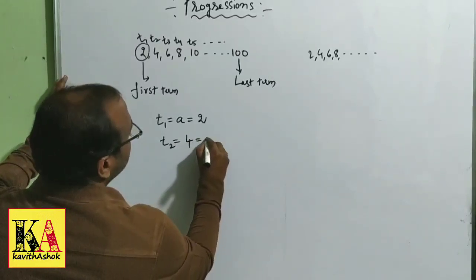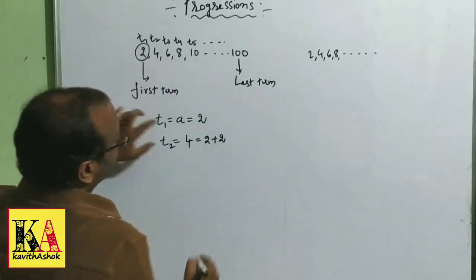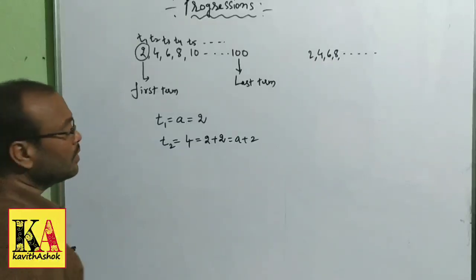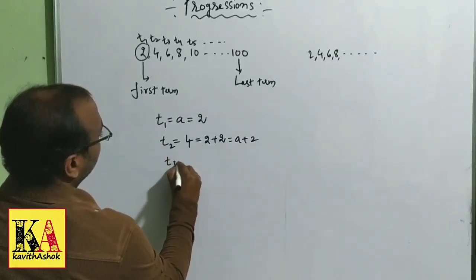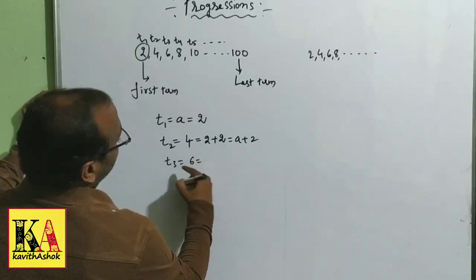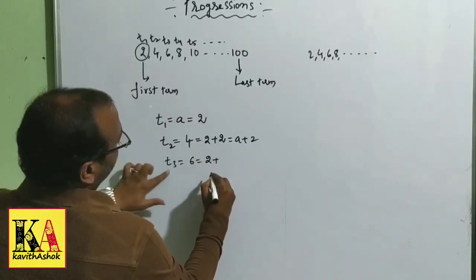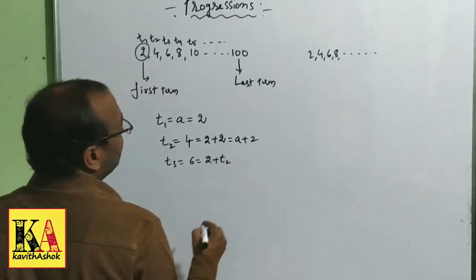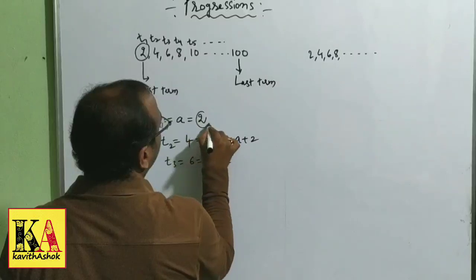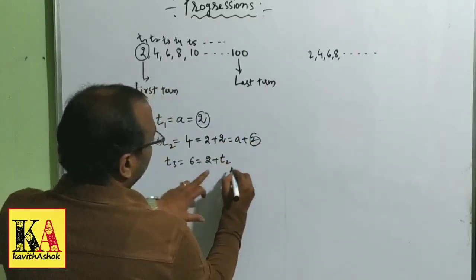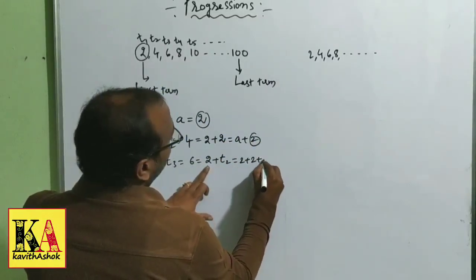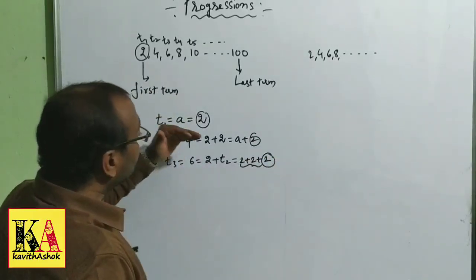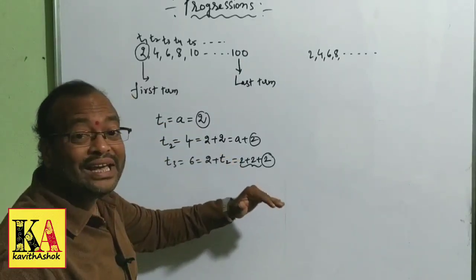We can write this as 2 plus 2, that is, A plus 2. Next, T3 is nothing but 6 here. This 6 is 2 plus T2, because T2 is 4. The difference here is 2, and we can write this as 2 plus 2 plus 2. For each next term, we are adding 2 again. So we just added 2 for every term.